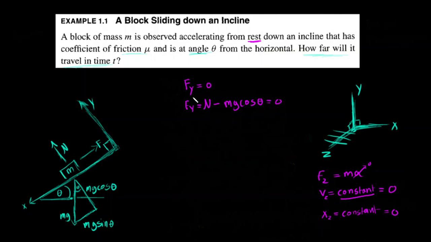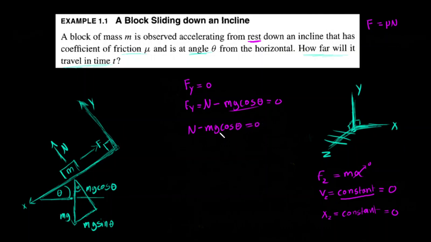But remember that the magnitude of the friction, I'll just write F for friction, is equal to what? It's equal to the coefficient of friction times the normal force, right? Here we figure out that the normal force is equal to mg cos theta, because if we rearrange this, N minus mg cos theta is equal to 0.